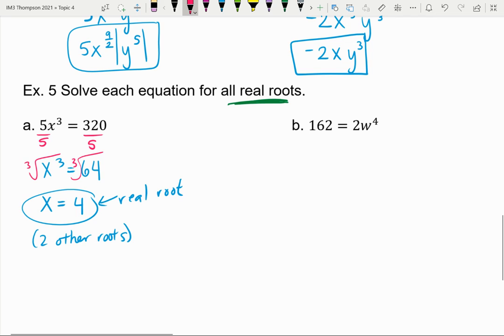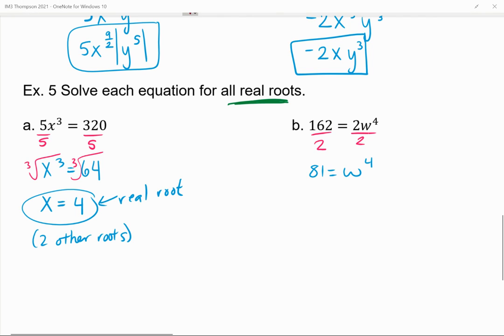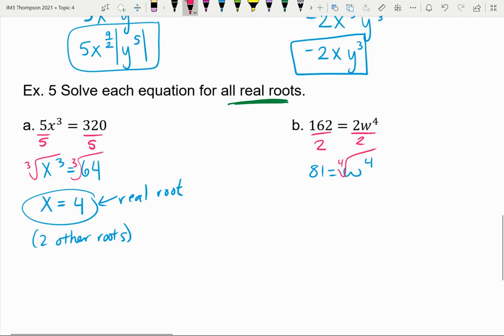For B, I want to isolate whatever base is to an exponent first. So we divide both sides by 2. Gave you nice, pretty numbers here. 81 is equal to w to the power of 4. And if I'm trying to get rid of an exponent of 4, I want to take the fourth root. So I will take the fourth root of both sides. Now, reminder, when I take an even root, just like when I take square roots, I get 2 answers. Your calculator will only give you 1.